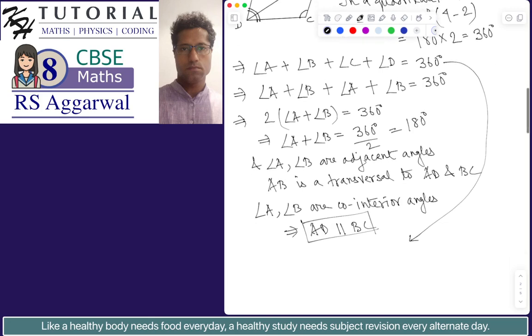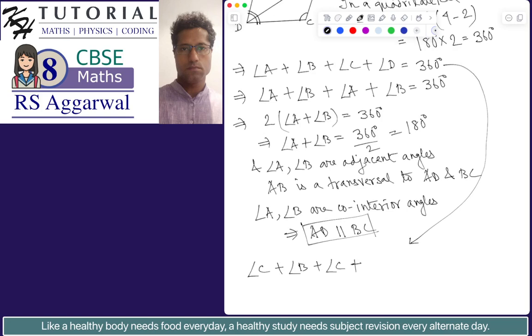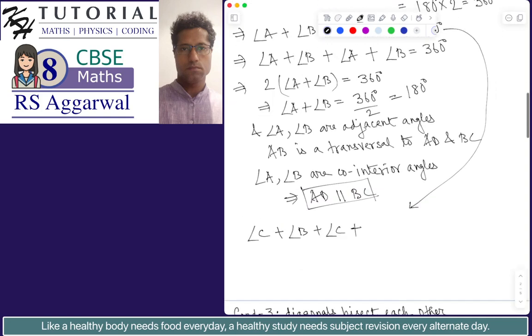From the first equation, I will replace angle A with angle C. So angle C plus angle B plus angle C plus angle D, and I will substitute angle D with B, because angle D is equal to angle B, is equal to 360 degrees.